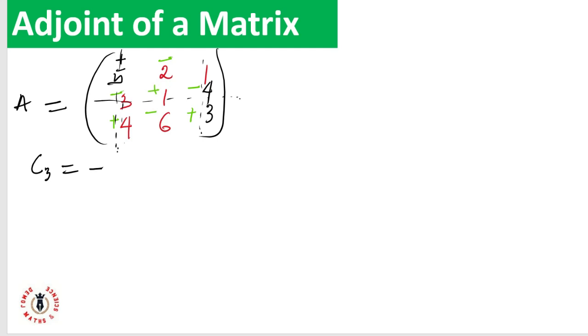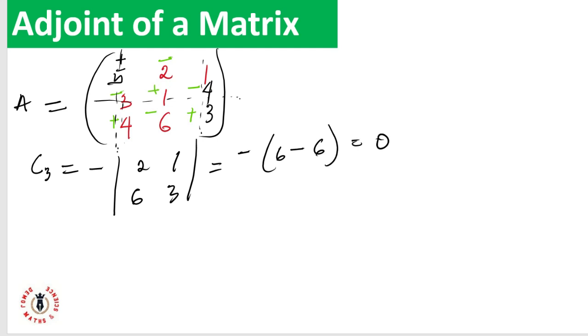So that will be minus 2, 1, 6, and 3. That will be the same thing as minus, 2 times 3, that's 6, minus 6. That's equal to 0.